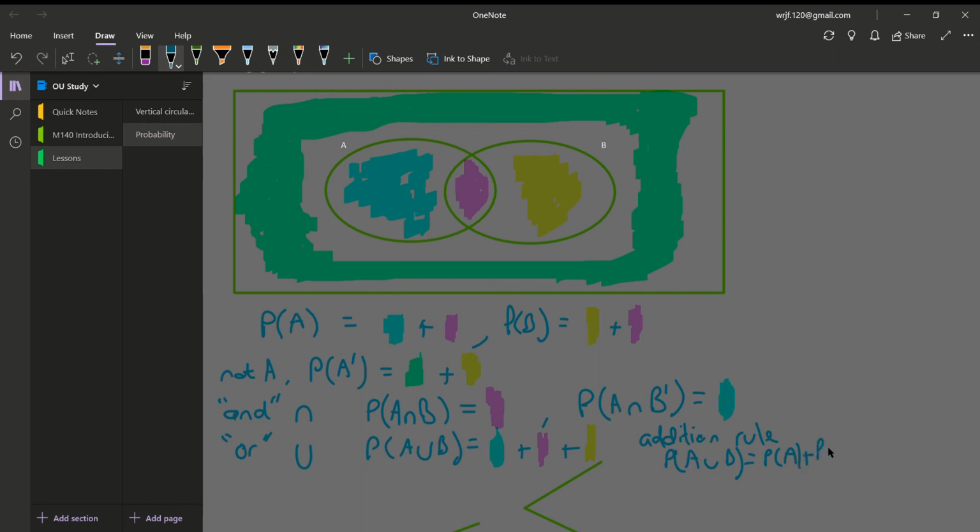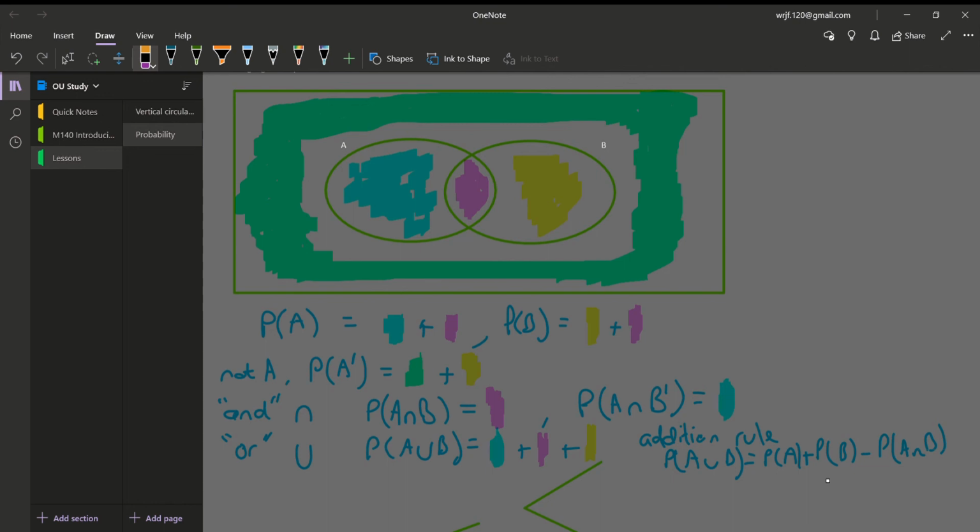Plus the probability of B, and then we have to subtract the intersection, the A and B part in the middle. And that's because if we just do probability of A and add the probability of B, that overlapping section is counted twice, so we need to remove it once. And so there's the addition rule, the addition formula, the addition law for calculating the union, probability of the union things.